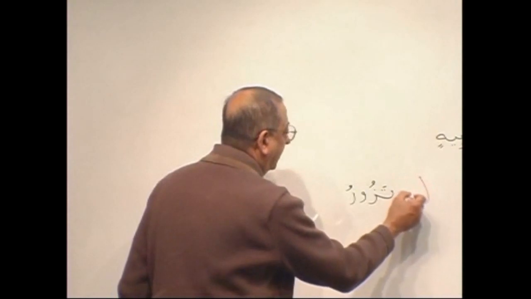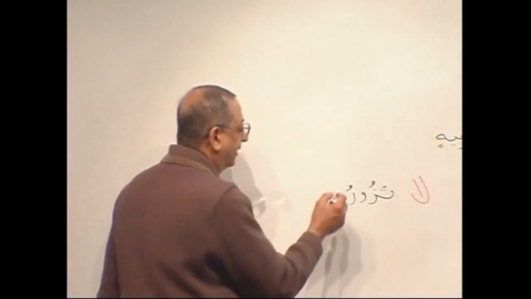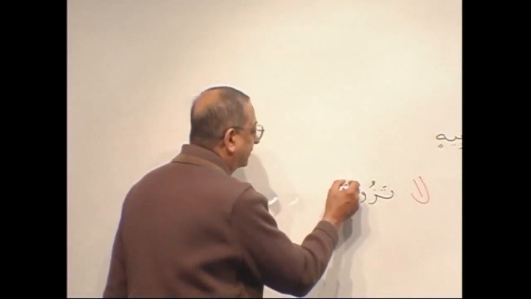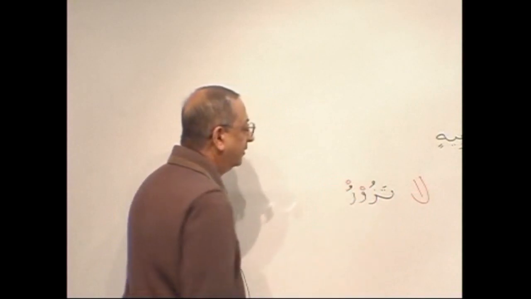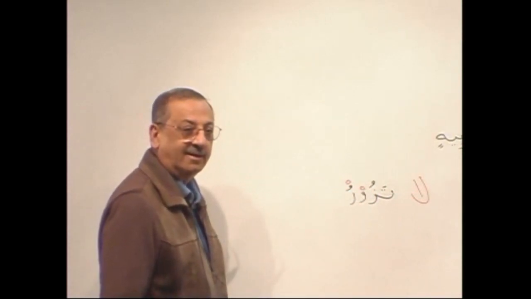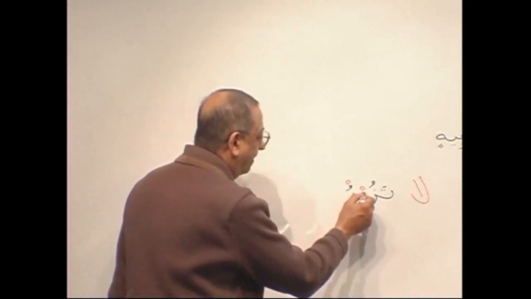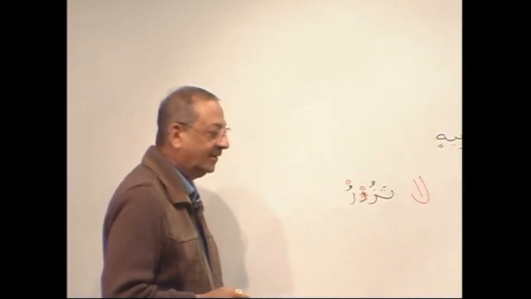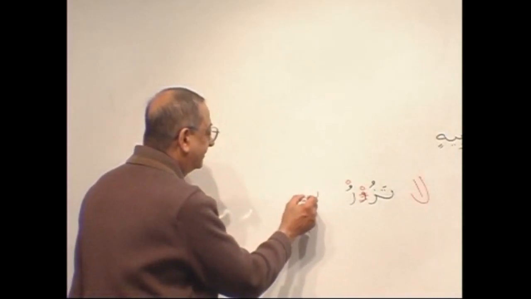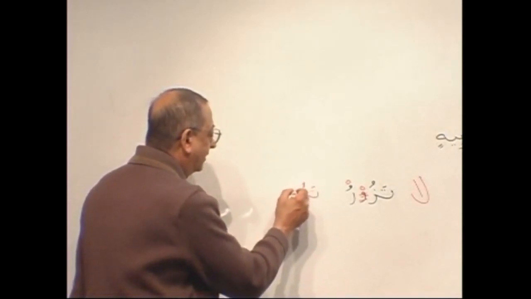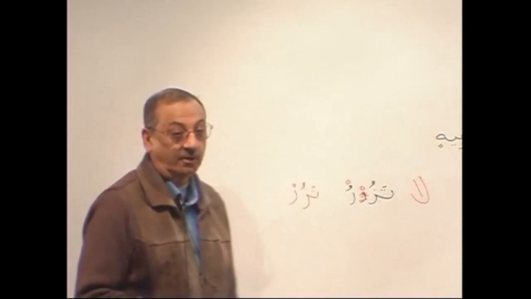This is la nahiya. There is a sukun here. Iltiqa' sakinayn. So, draw. What is the result now? Brother, you got to write these exercises. This is very easy, but we will forget if we don't practice.